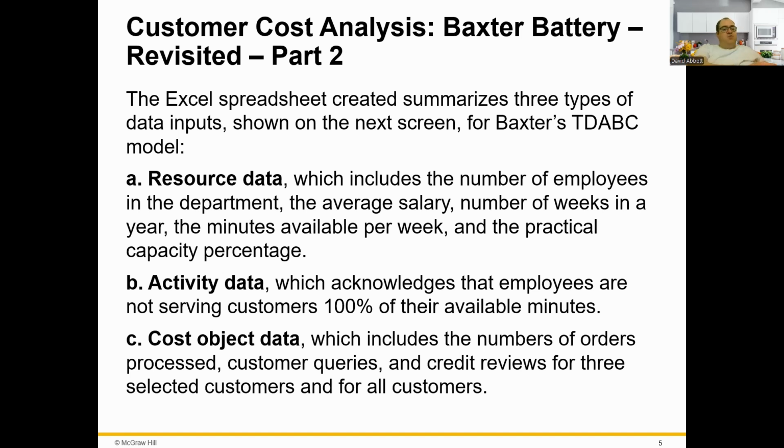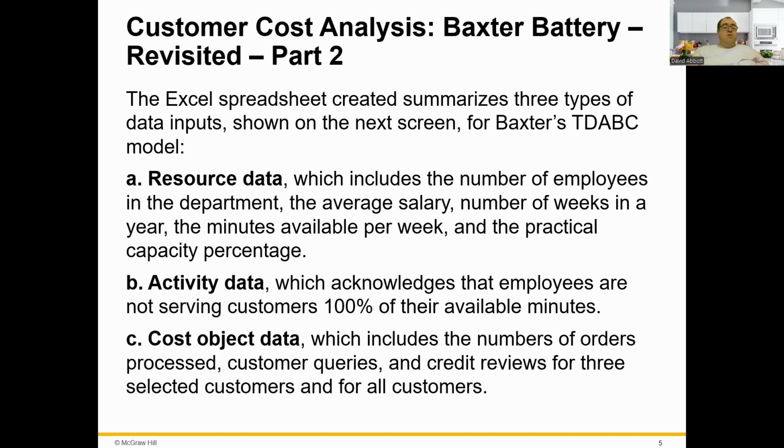Now, the Excel spreadsheet created summarizes three types of data inputs for Baxter's TDABC model. First of all, the resource data, which includes the number of employees in the department, the average salary, the number of weeks in a year, the minutes available per week, and the practical capacity percentage. The activity data acknowledges that employees are not serving customers 100% of their available time, right?